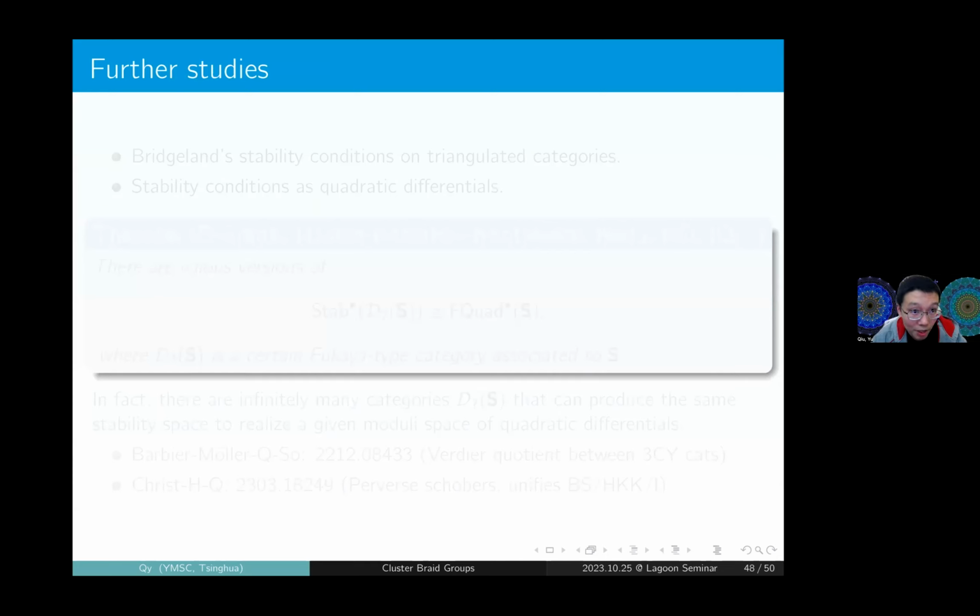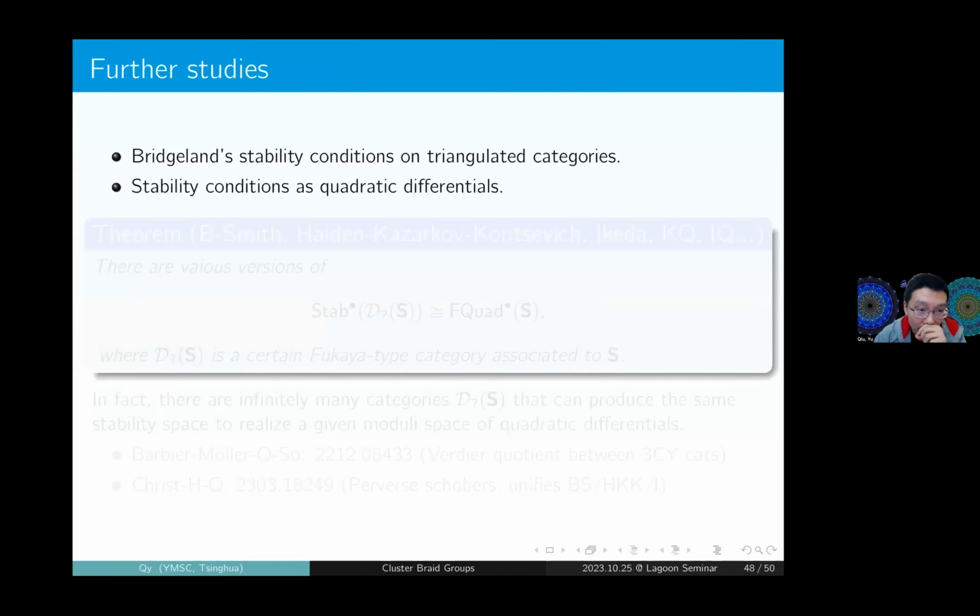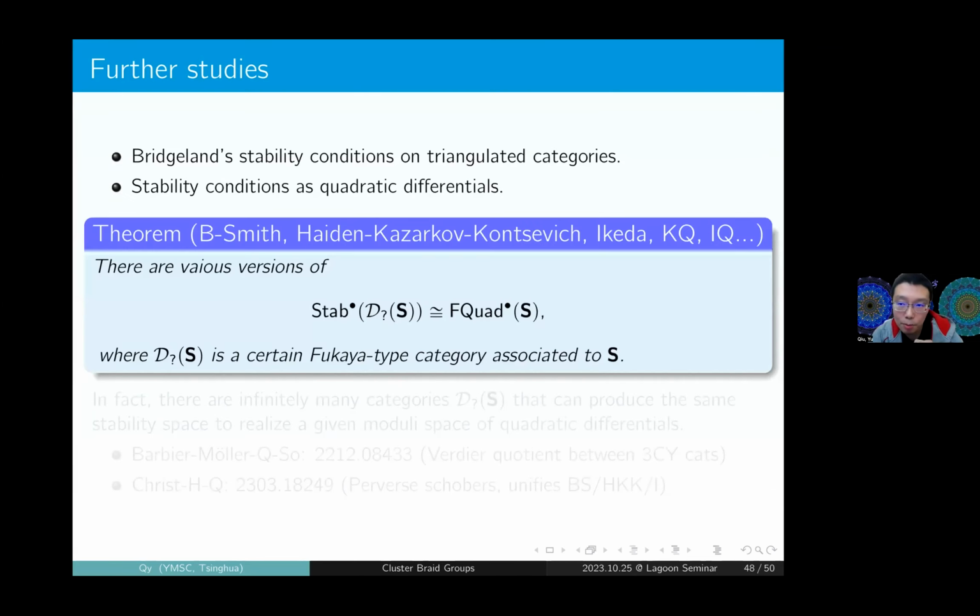So maybe I also mention a couple of recent results. First, the work of Bridgeland and Smith is where I started to learn about quadratic differentials, because they show that for the three Calabi-Yau category associated with quiver with potential from a marked surface, the corresponding space of stability conditions can be identified with quadratic differentials.